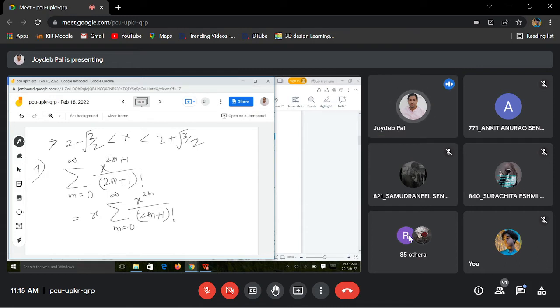Yes, sir. Look, x to the power 2m plus 1 is written as x to the power 2m into x to the power 1. Next, x is independent of m, so I can take it out from the summation.